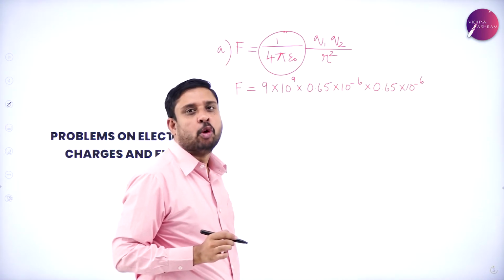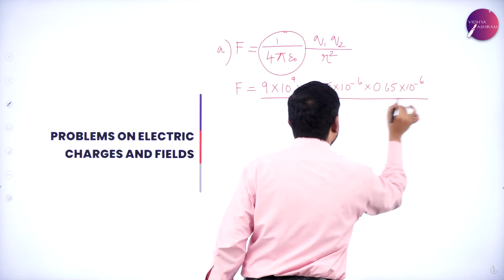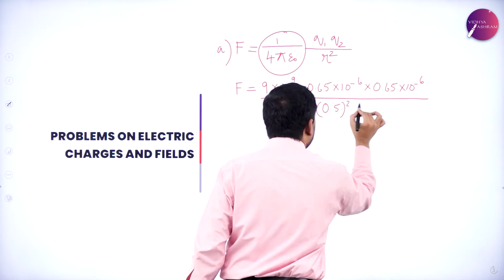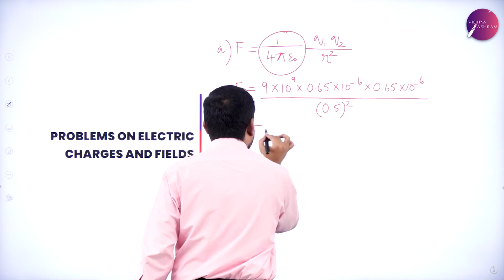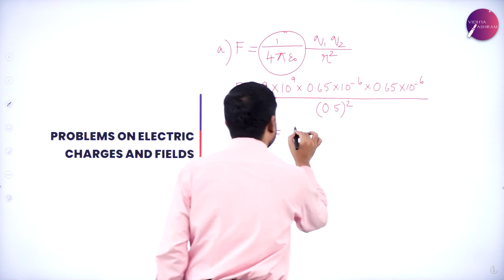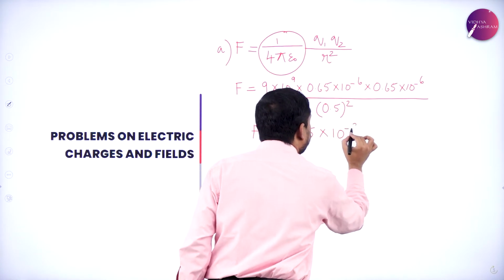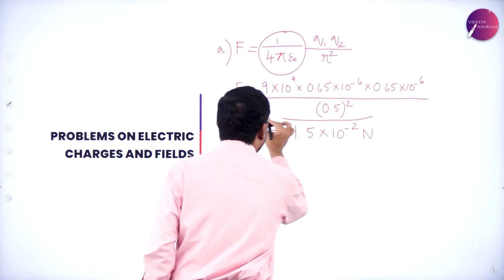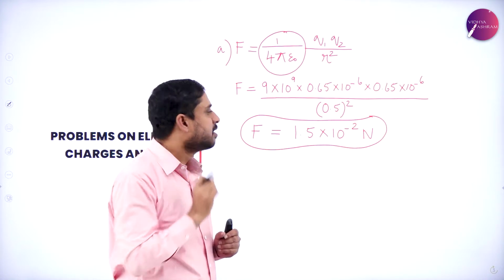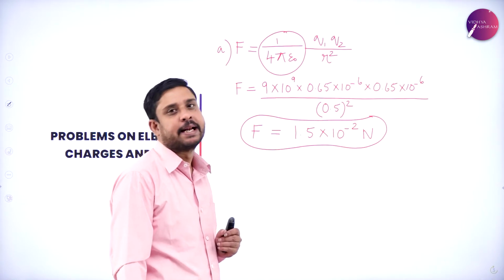Q1 and Q2 have the same magnitude, divided by 0.5 whole square, and on simplification it turns out to be 1.5 into 10 power minus 2 Newton.